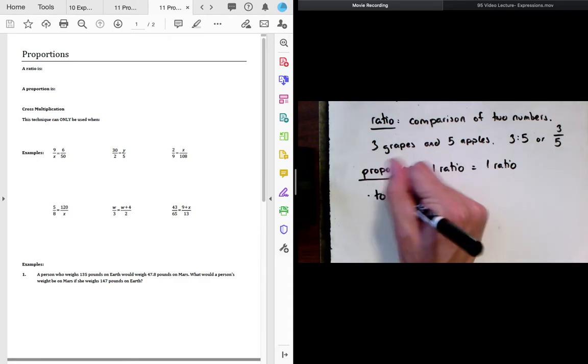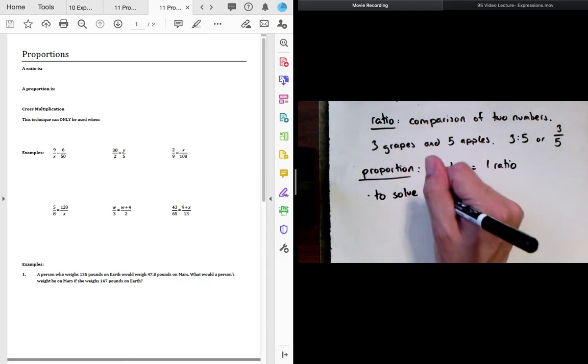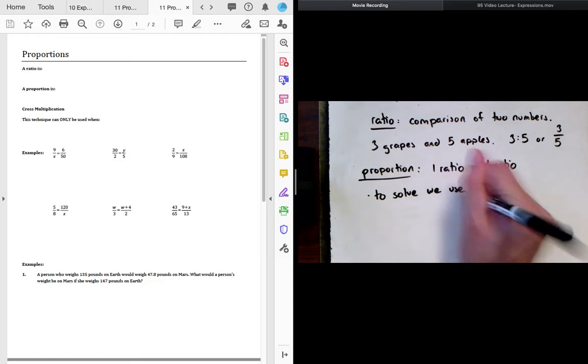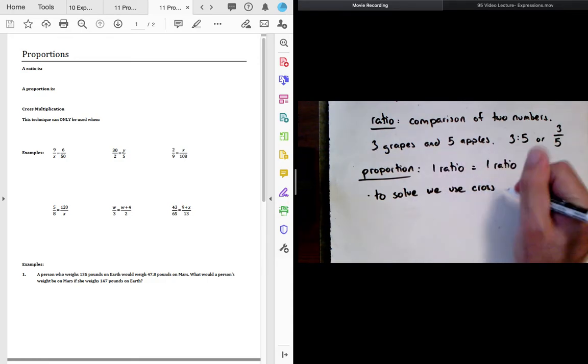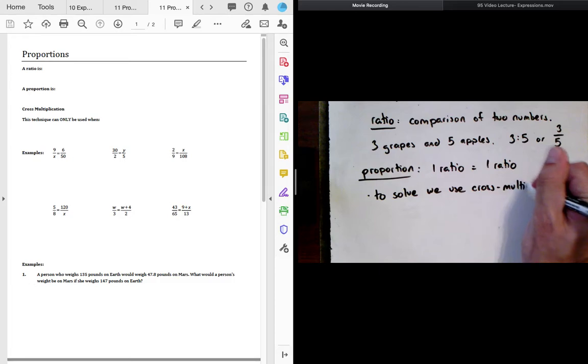To solve, we use cross multiplication. Cross multiplication is where we take the top of one fraction and we multiply it by the bottom of the other fraction, and vice versa, and we can set those values equal to one another.